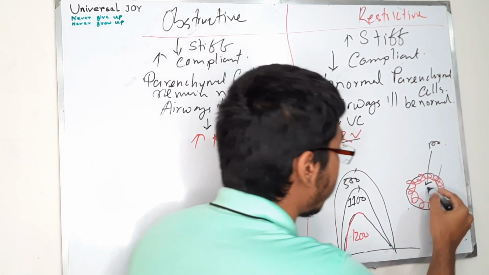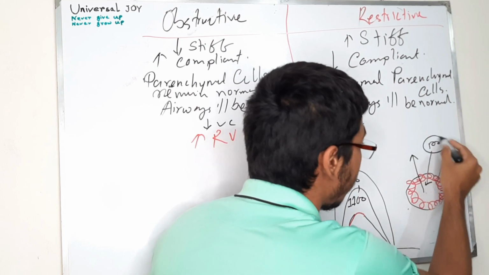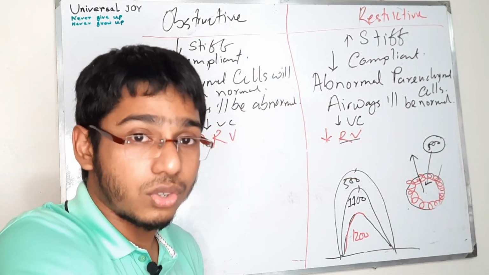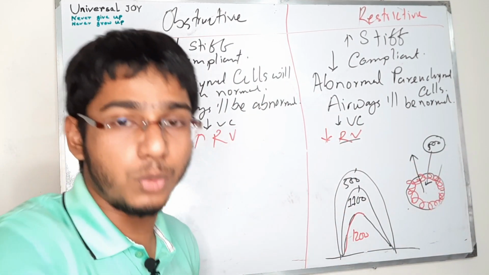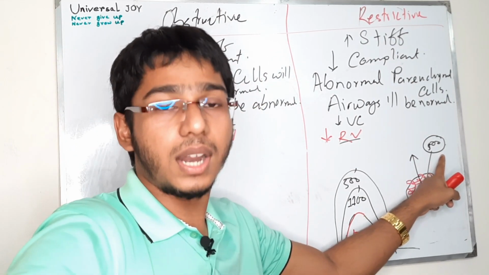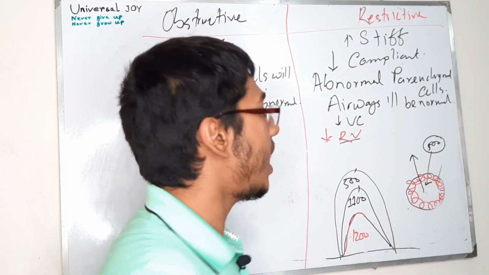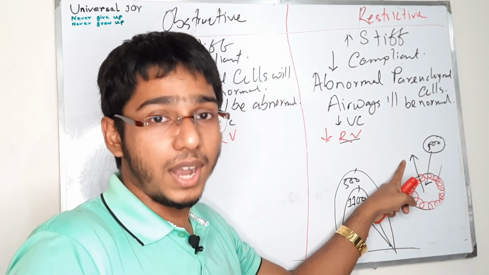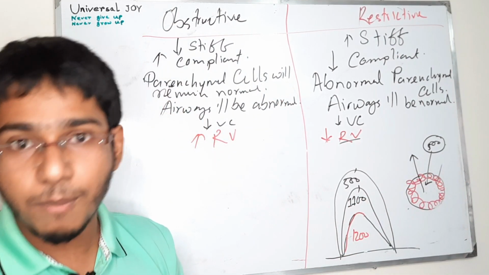It doesn't allow the same amount of air to leave. So instead of throwing out 500 ml during expiration, it throws out some amount below 500 ml.